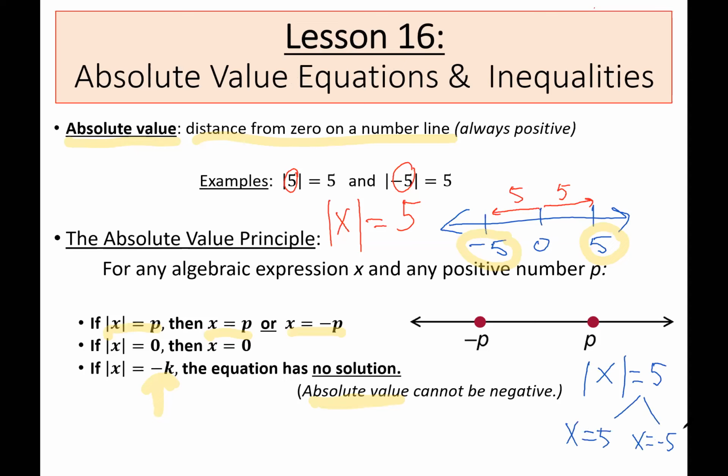We got that. What I'm saying over here is if the absolute value was said to be equal to a negative, that doesn't make sense, okay? Absolute value is distance. Distance cannot be negative. Location on a number line can be negative over here, but distance cannot. Okay, so we're going to go to the next slide now and see some examples.